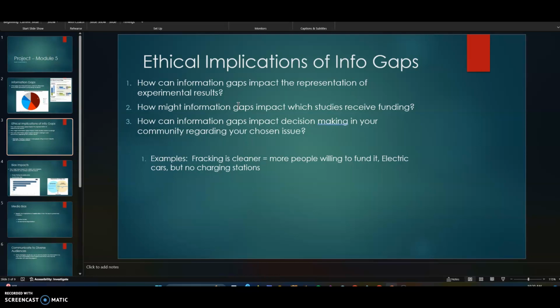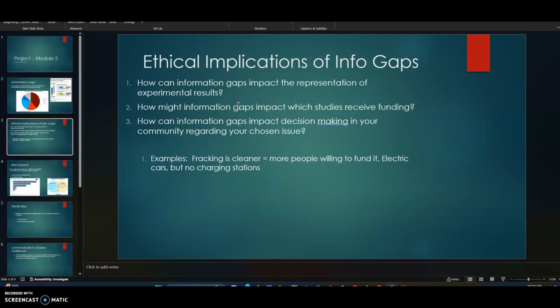It didn't produce as much water pollution, air pollution, greenhouse gases. Because of that being pushed out there, more people were willing to fund it. They were okay with having it near their homes. And then once it turned out that was not accurate, there started to be pushback, and now they don't want those things.